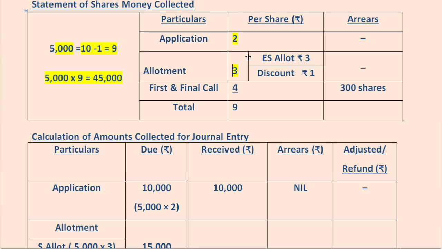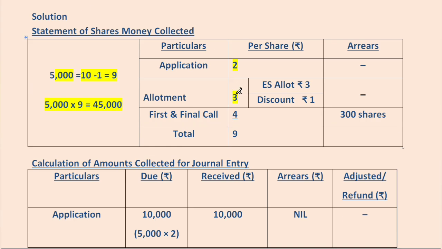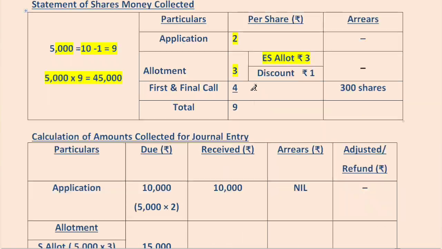But while solving discount problems, we have to take it separately. Discount is not included in this. The entire allotment amount given in the question should be shown separately for allotment, and the discount of 1 rupee should be shown separately. The 1 rupee should not be included here.